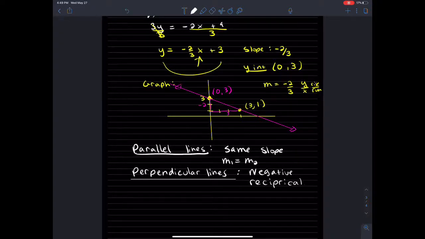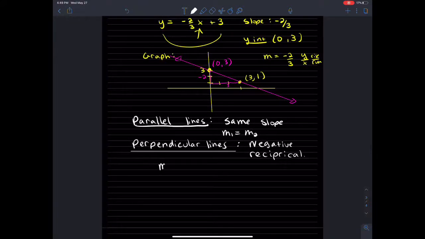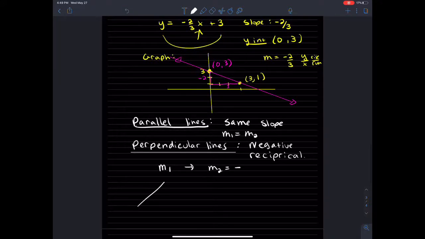And what that means is basically if I have m1, then m2, my second slope would be the negative, the opposite, because, you know, one's positive, one's negative, but it's also the reciprocal. And the way we write a reciprocal is like that. So given one slope, the other slope is you take the opposite and the reciprocal.